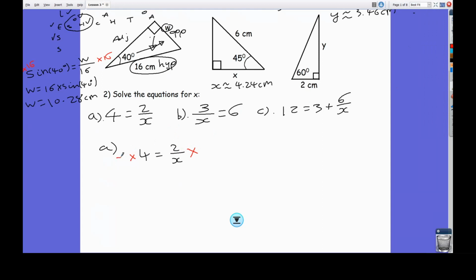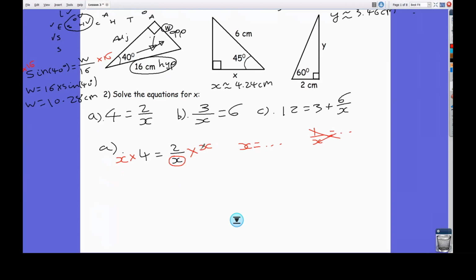Now, you might be wondering why I'm doing that. Well, the reason is I don't want the x to be on the bottom of one of the sides. I don't want it to be a denominator. I want to end up with a situation where I have x equals something. I don't want to have 1 over x equal to something. So we multiply both sides by x.